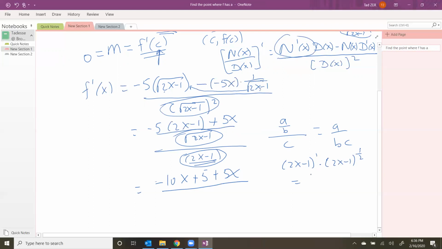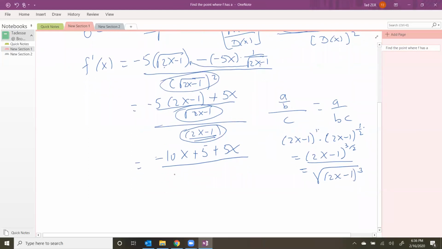If they have the same base, multiplying means we add the exponents. Half plus 1/2 becomes 3/2. That is rational exponent notation. If you want to write it using radical notation, it will be square root of 2x minus 1 cubed. So in the denominator here, I will have square root of 2x minus 1 cubed.